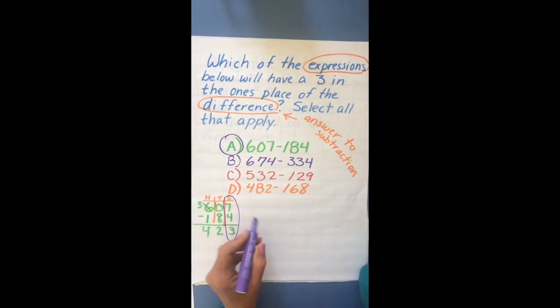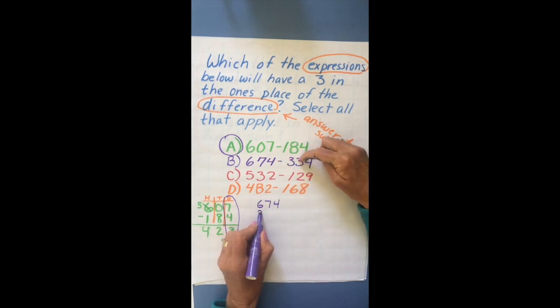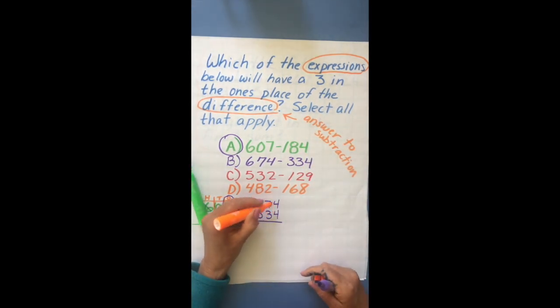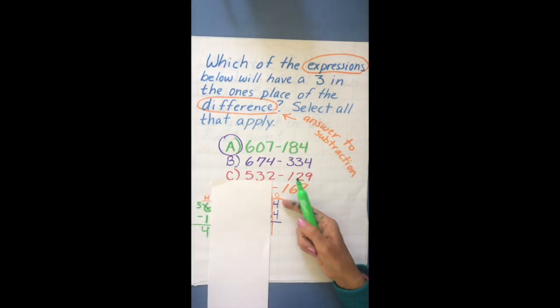Now I'm going to do the purple one. So I have 674. Take away 334. And I'm going to do my place value chart, and I'm going to abbreviate ones, tens, hundreds. All right. So now I go to my ones place. 4, take away 4 is 0.